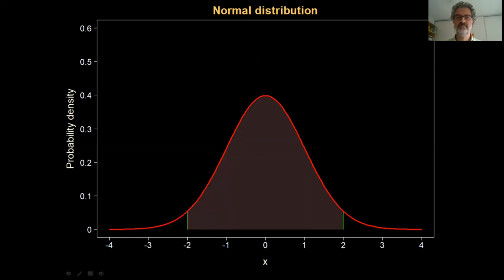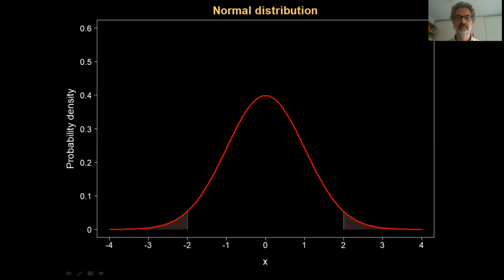What about the range from minus 2 to 2? It turns out this is about 95%. So what's left to be outside of this range? This probability is 5%. 5 plus 95 equals 100.